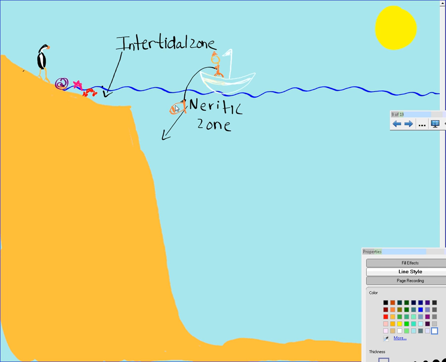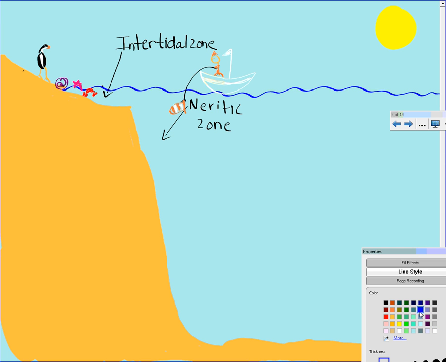Nemo. So we got our colorful fish there. In addition to our colorful fish, Dory would be there.